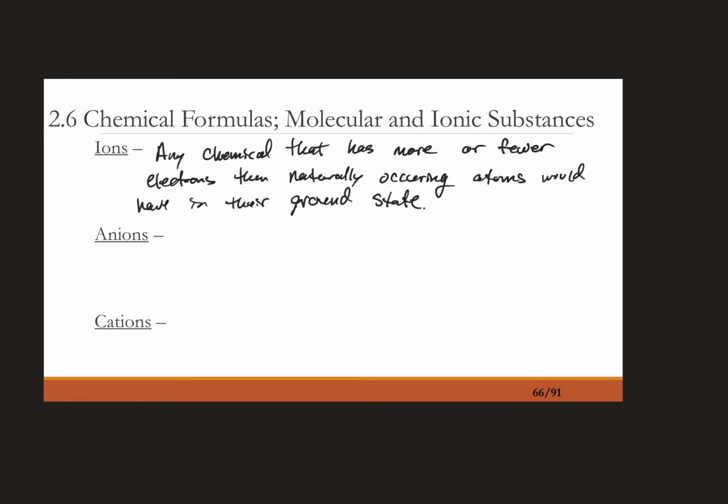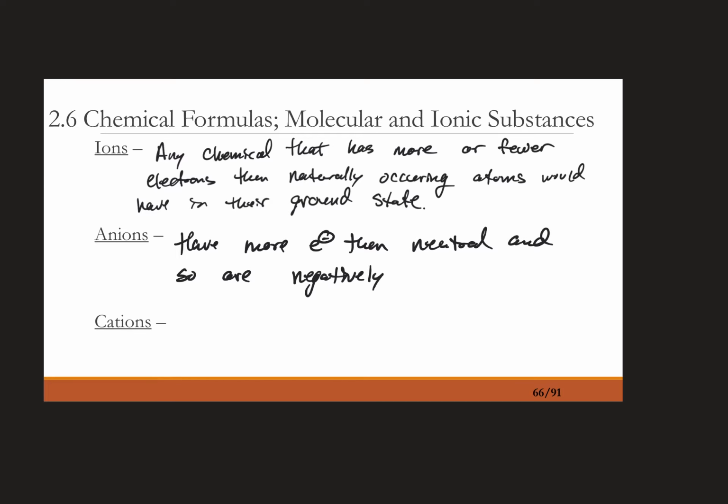Now, they're obviously going to be different if they have more or less, so we can classify them differently. Anions are ions that have more electrons than their neutral counterpart, and therefore they are negatively charged. Just represent it as a minus sign.